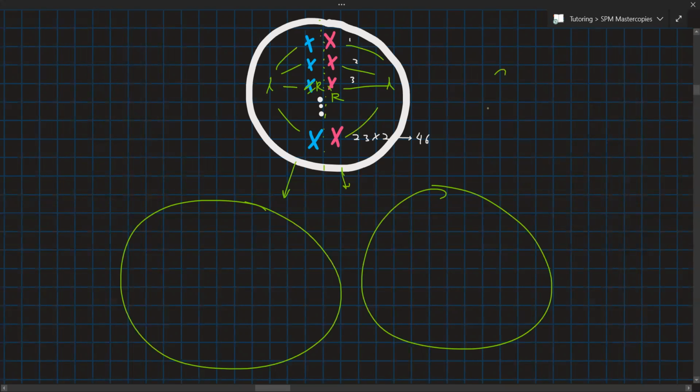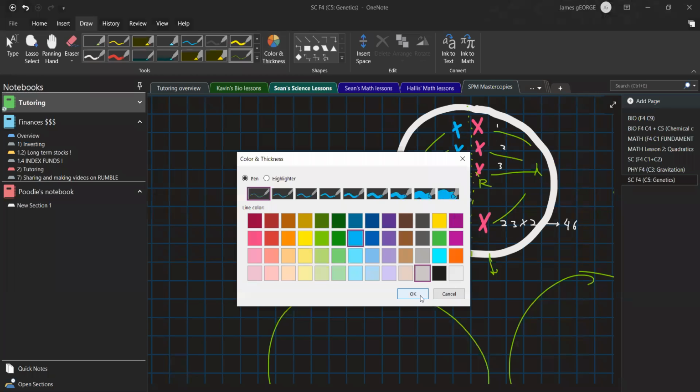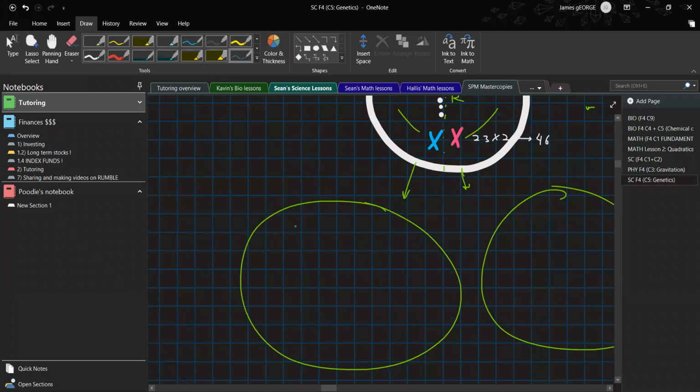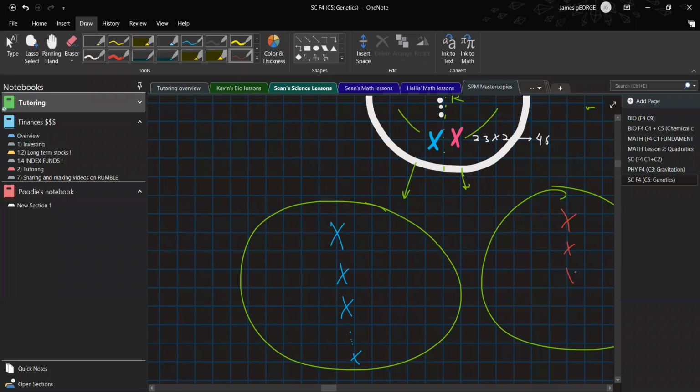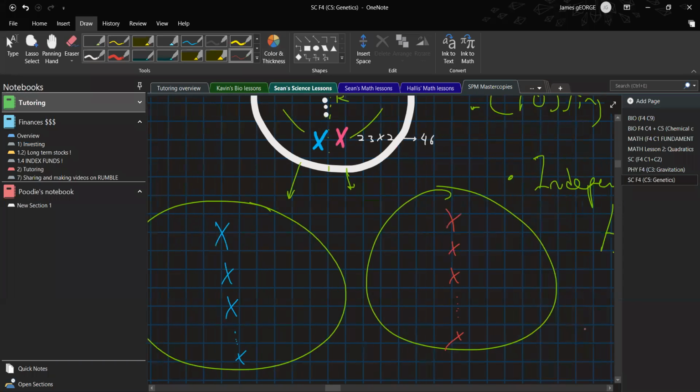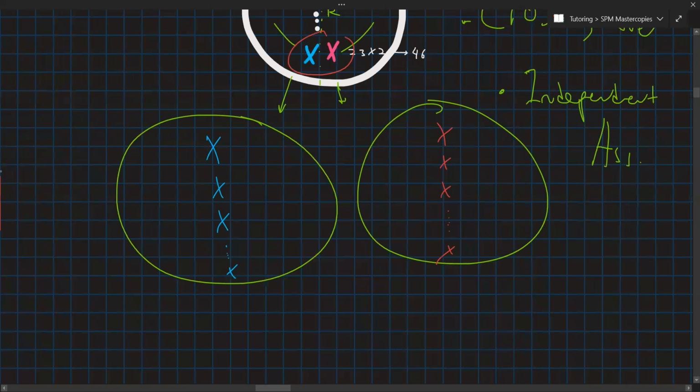There will be things like crossing over and independent assortment happening throughout meiosis, but we're just going to ignore that for now for the sake of simplification. So when the homologous chromosomes are split and pulled to opposite ends and cytokinesis occurs, we get this. The pairs have been split in half. So now each cell only has 23 chromosomes. Again, I can't draw all 23, but the point here is that these pairs have split up during meiosis 1.